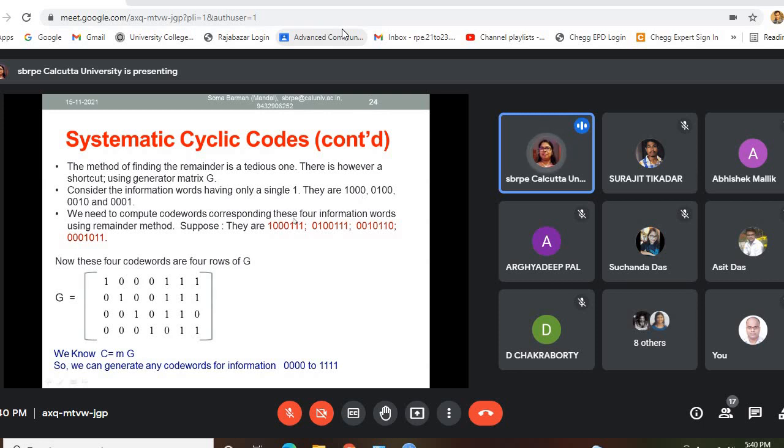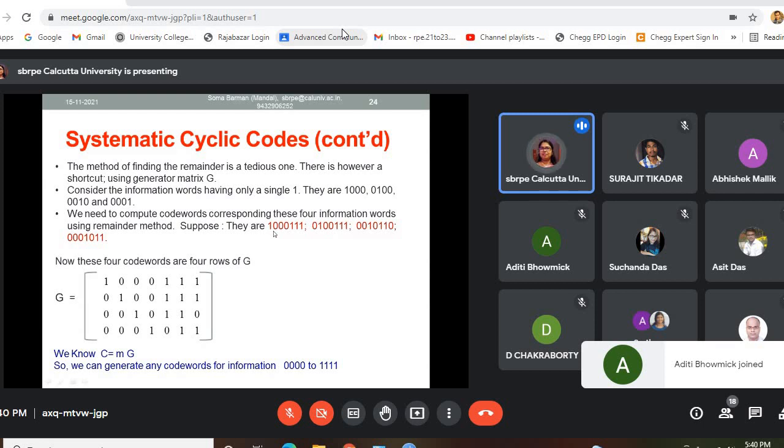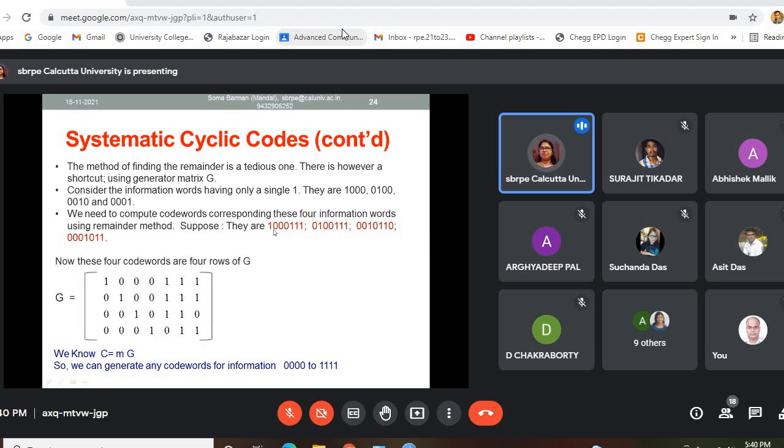Suppose the code words formed by the systematic way of constructing the cyclic code are 1 0 0 0 1 1 1, then 0 1 0 0 0 1 0 1 1 1 appended on the right, next 0 0 1 0 1 1 0, and another 0 0 0 1 0 1 1. These are the 4 code words we construct by the systematic way of cyclic code generation.